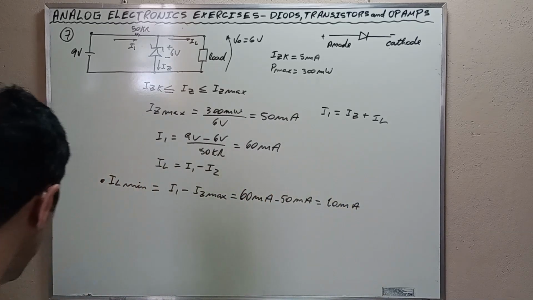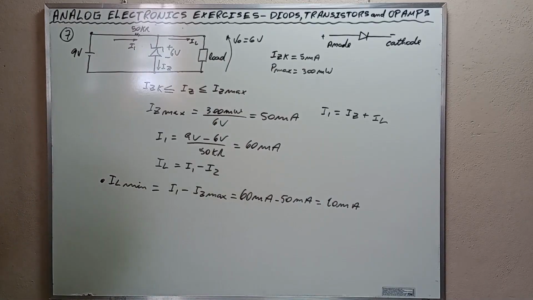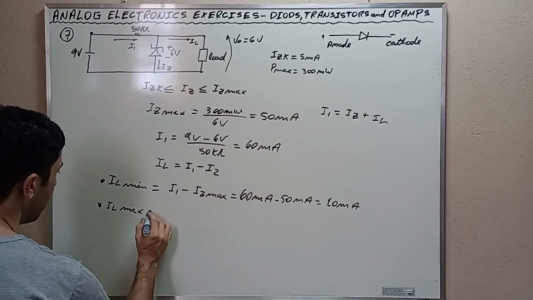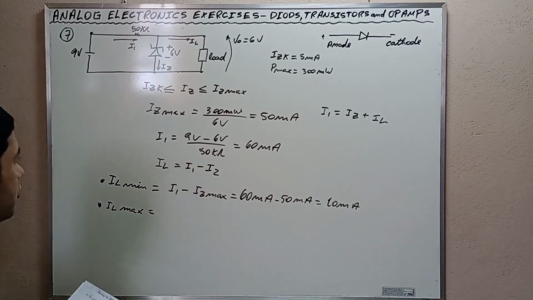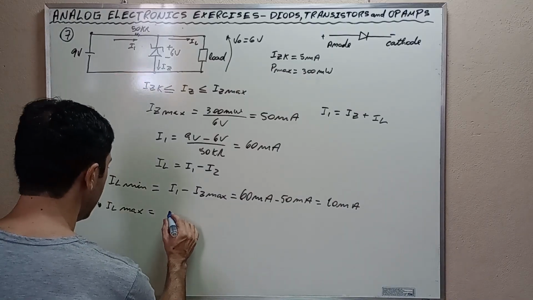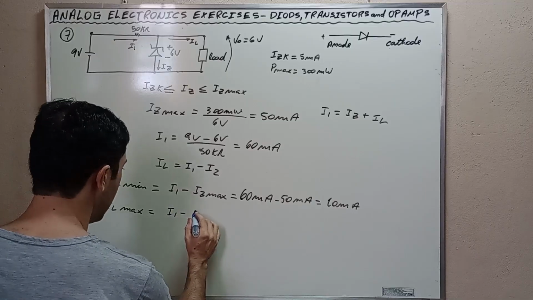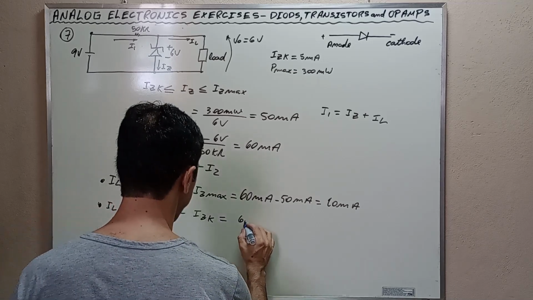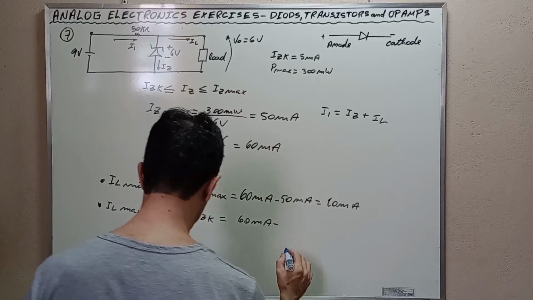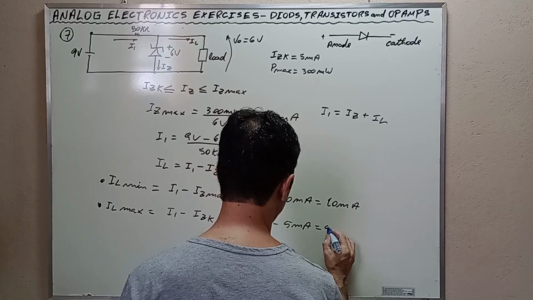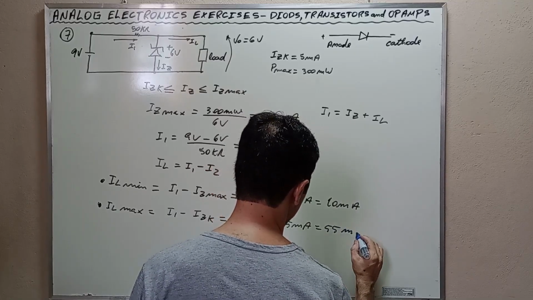Now let's finish by calculating the maximum value of the current that goes to the load. The maximum value of the current that goes to the load happens when the Zener current is minimum. Then I1 minus IZK is equal to 60 milliamps minus 5 milliamps, and this is equal to 55 milliamps.